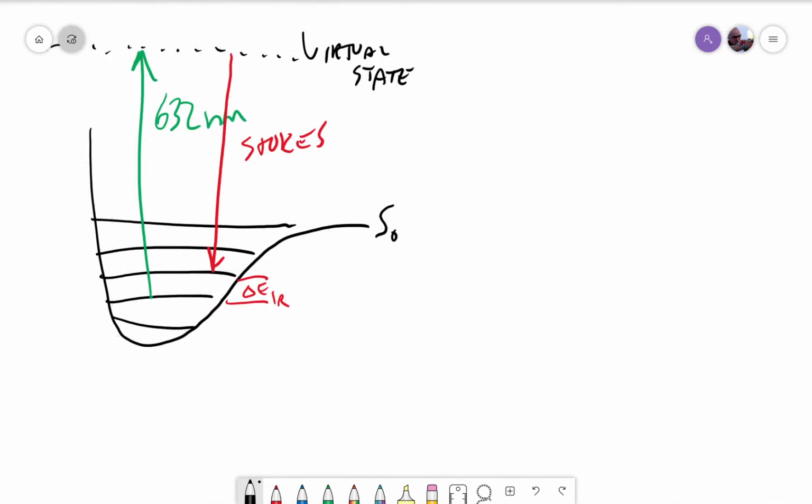In a specific case, we can talk about a carbonyl. We already know something about the carbonyl. It has a vibrational frequency or an energy term which is equal to 1700 reciprocal centimeters.